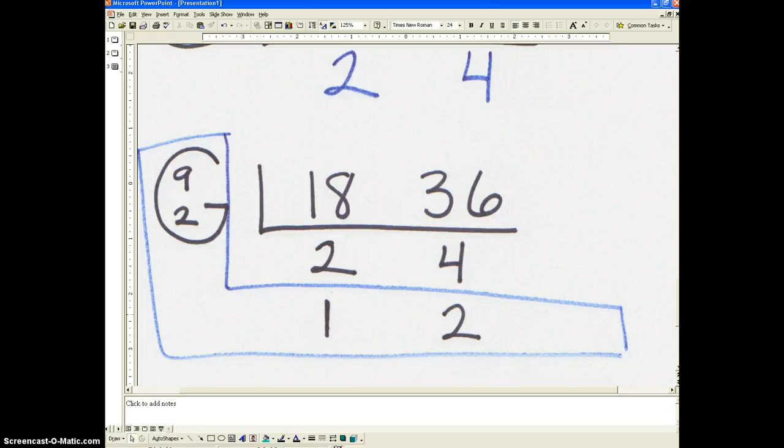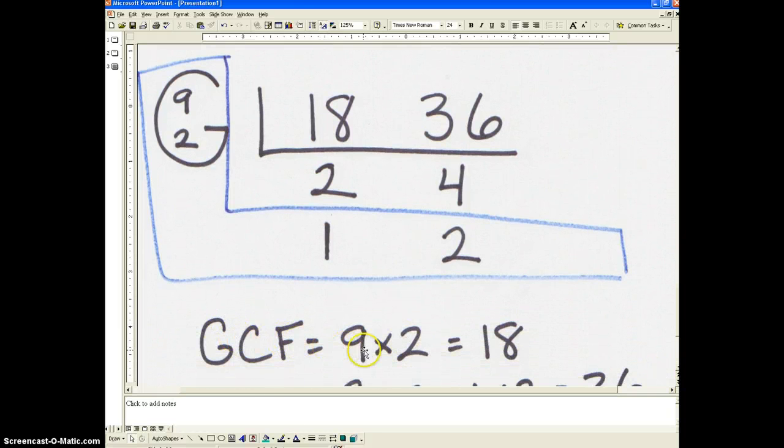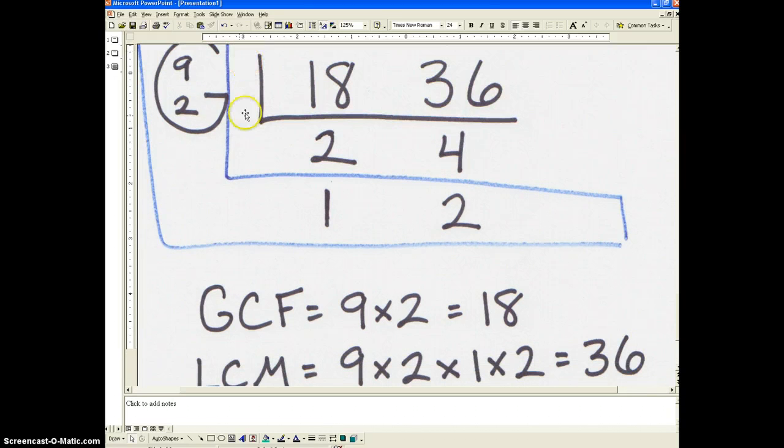To find the GCF and LCM this time, the GCF is all of the numbers in my G multiplied together. 9 times 2 is 18. The greatest common factor between 18 and 36 is 18. To find the LCM, I take the numbers in the G, times 1 times 2 on the bottom row.